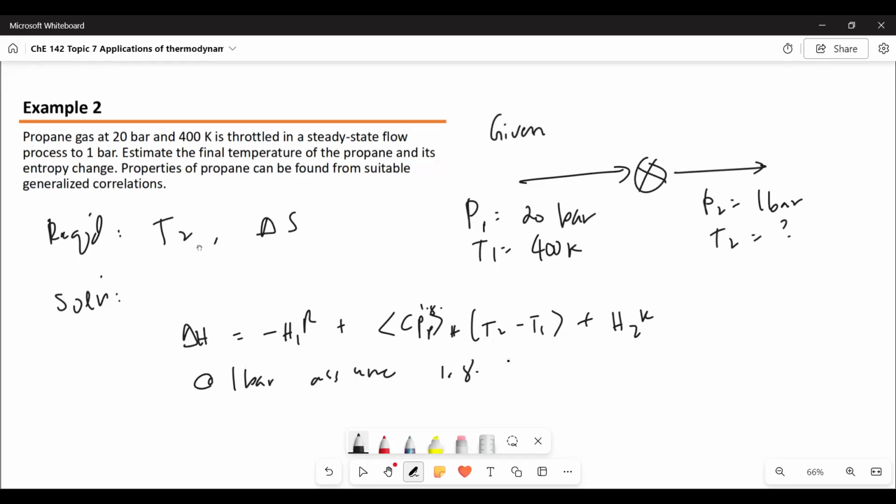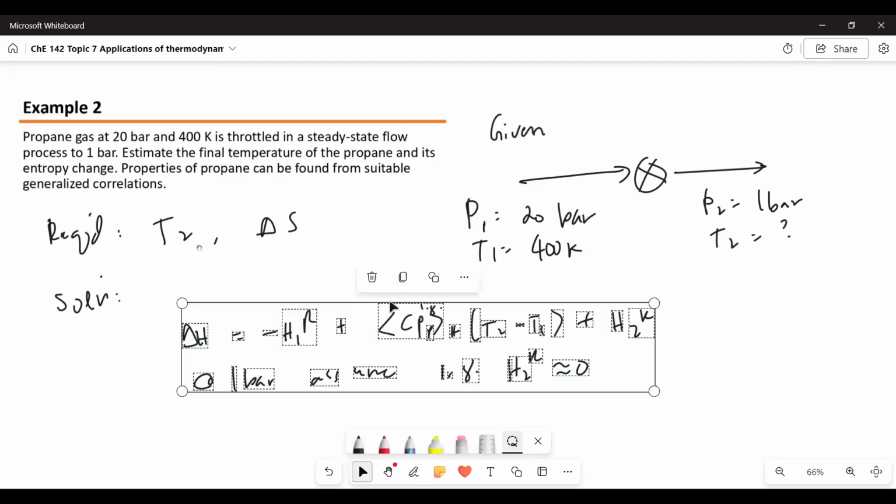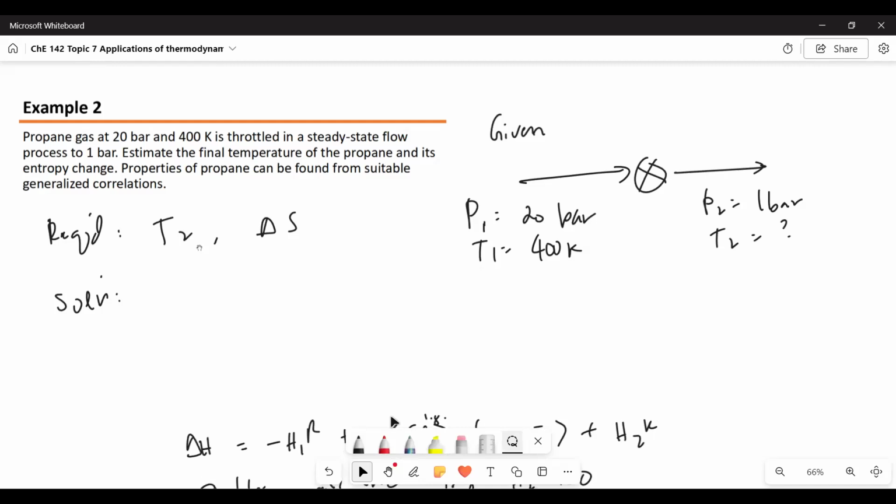If that's the case, H2R, which is for state 2, can be assumed to be 0. So the hypothetical path becomes like this. Let's draw the hypothetical path here.